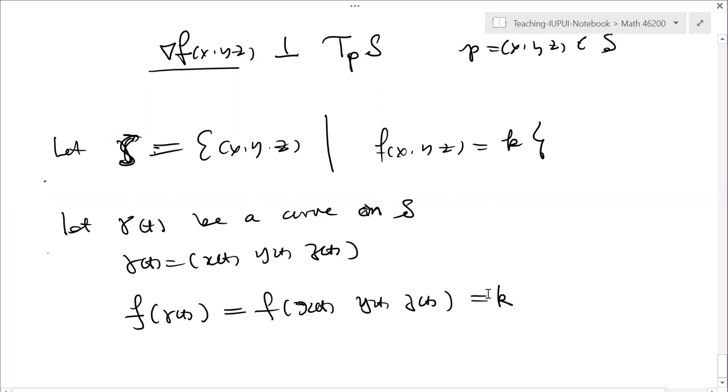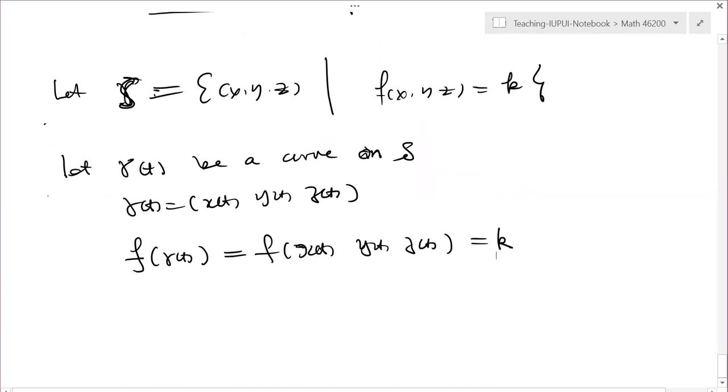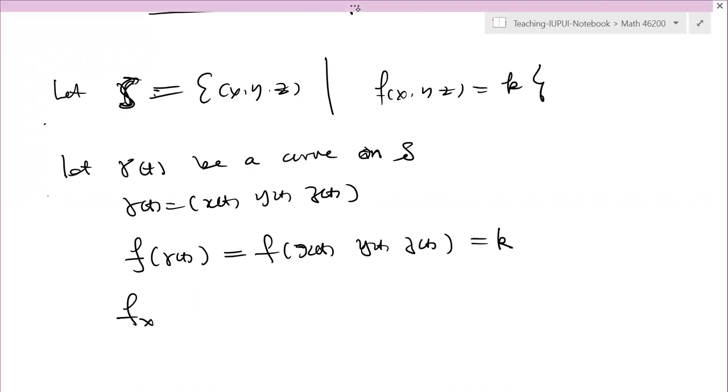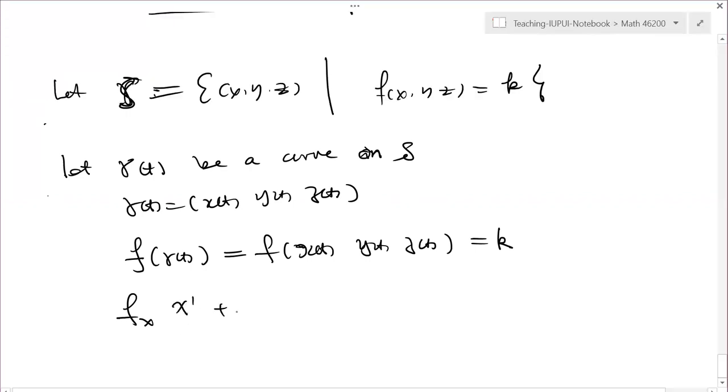Its value along this curve. So when you differentiate, you get fx, and if you ignore the input variable, you can simply express it by the chain rule: fx x prime plus fy y prime plus fz z prime equals 0, right?